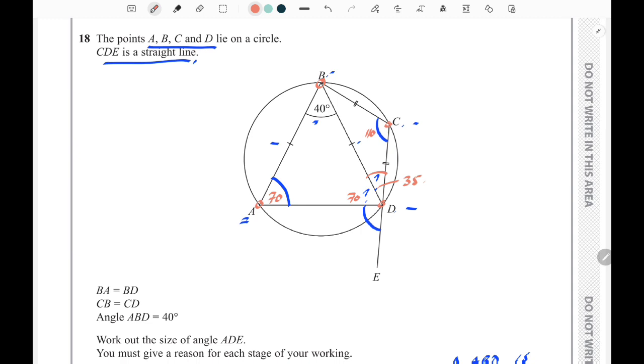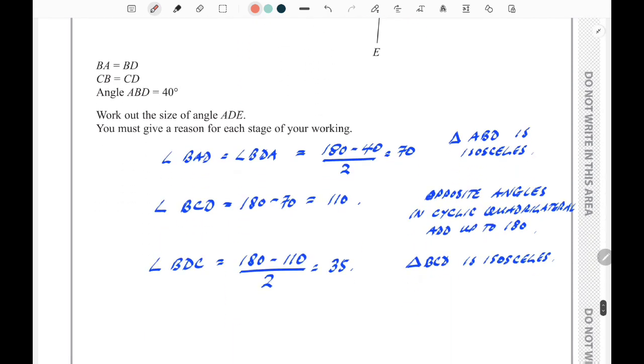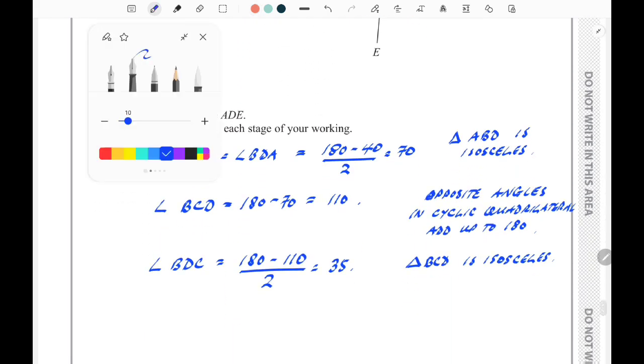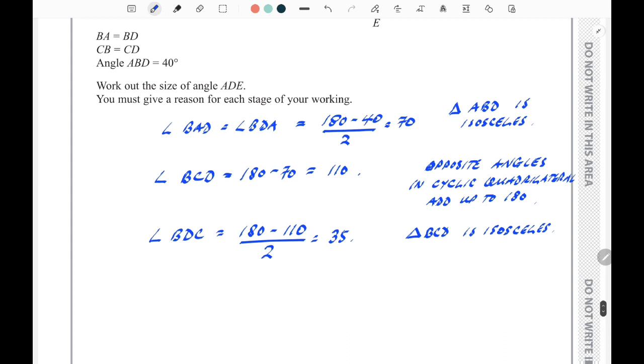Therefore, what we have is effectively two angles on a straight line. We need to find the third. So the way we're going to write that is that angle ADE equals 180 minus 70 minus 35, and that equals 75. And what are we doing?